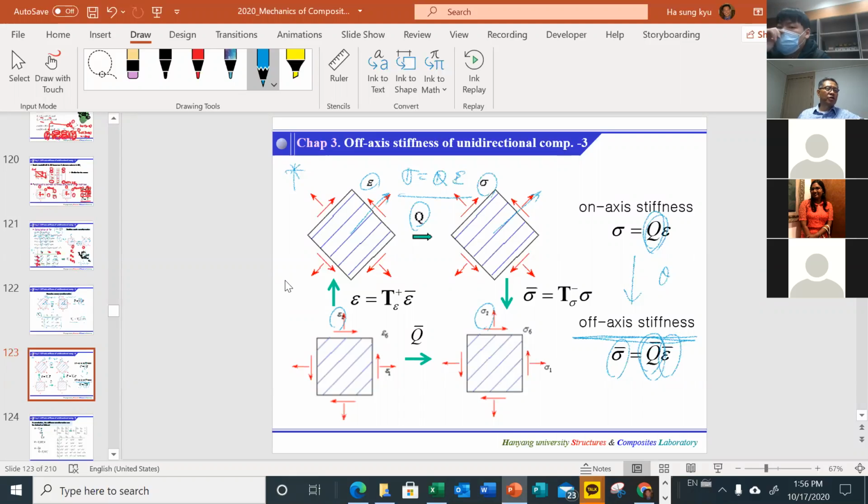So from strain to stress, we need to multiply by Q bar. This is the epsilon bar, and this is the sigma bar, and given epsilon bar, to derive this sigma bar, we need to multiply Q bar. So we multiply Q bar, and we are given Q here. So again, please don't forget to derive the Q bar in terms of Q and theta.